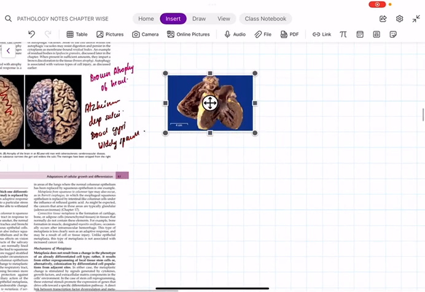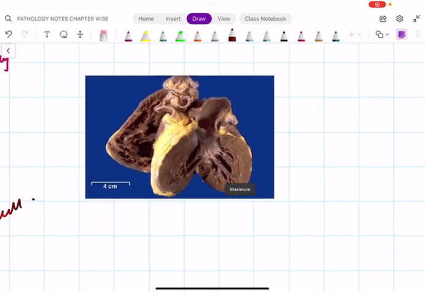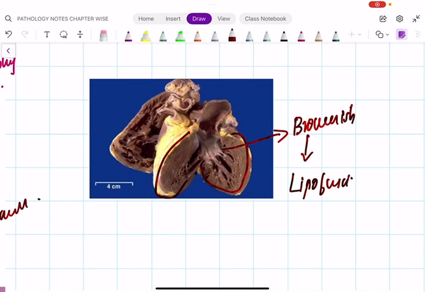Okay, see this picture. You can see that the heart is a little bit shrunken. At the same time, you can see some brownish pigment here. This is called lipofuscin. Lipofuscin I will discuss very shortly.